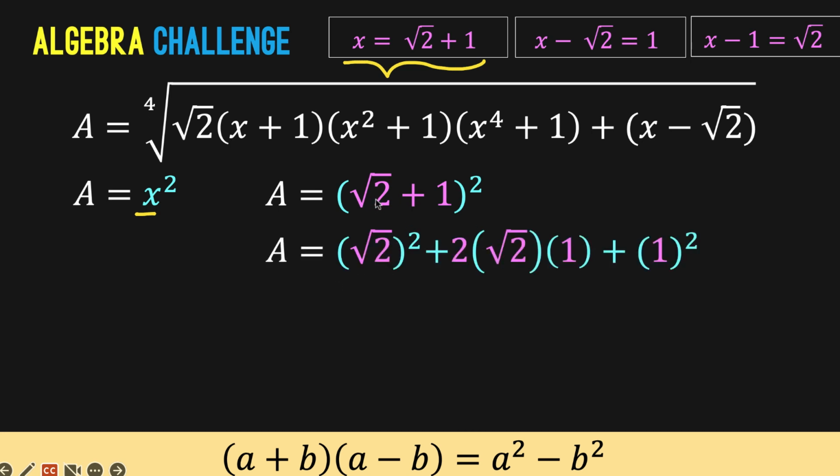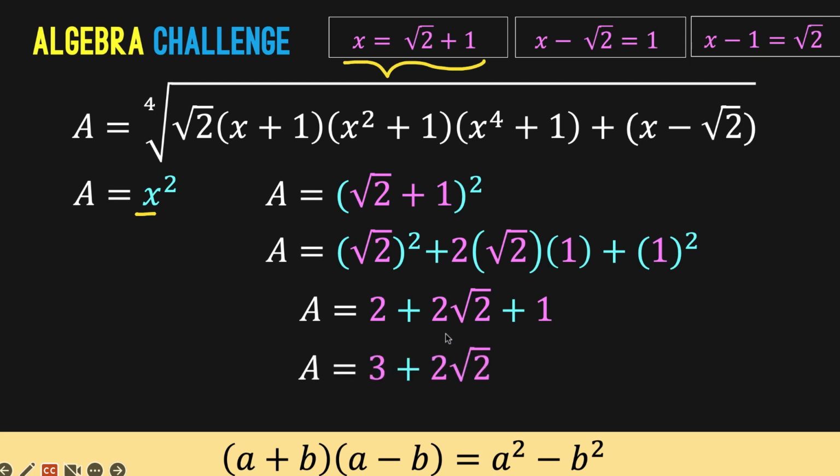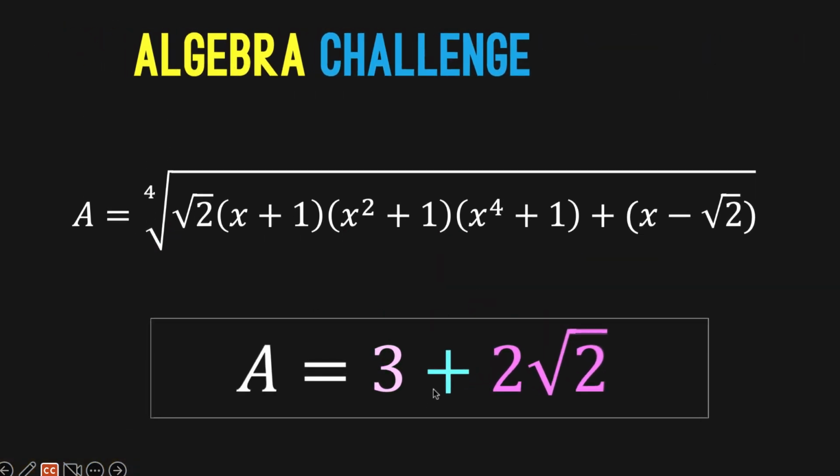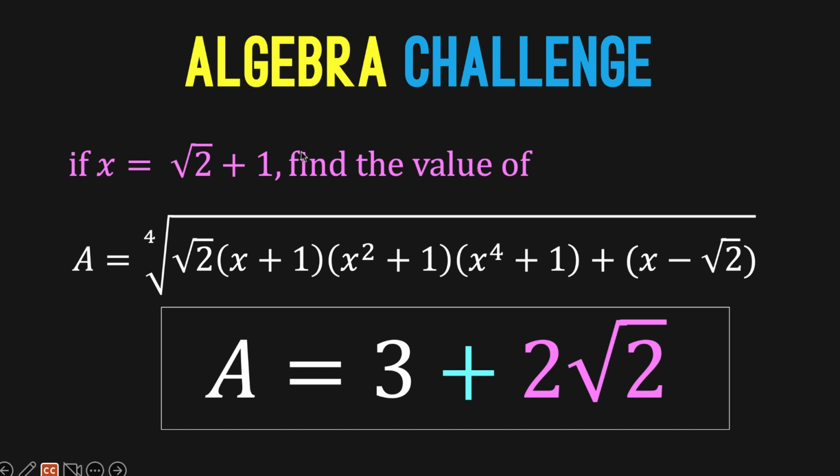That is equal to the square of the first term plus twice the product of the first and the second terms plus the square of the last term. Simplifying further, this part here becomes 2. This part is 2 square root of 2, and 1 squared is equal to 1. We can add this 2 plus 1 to get 3 and copy 2 square root of 2. And this is now the value of a, which is our final answer to this algebra challenge.